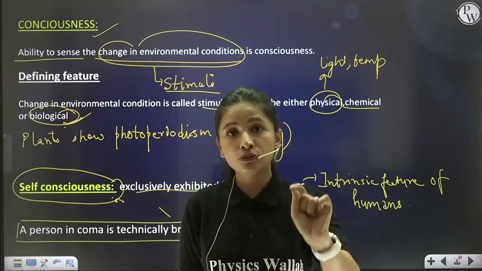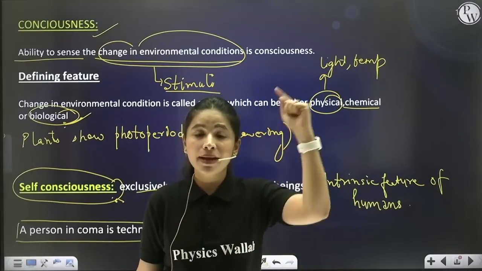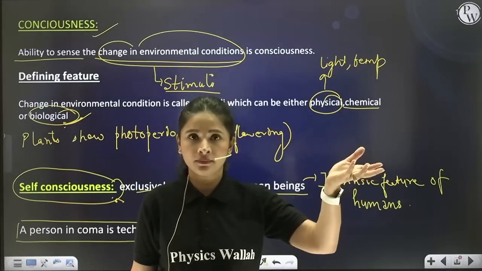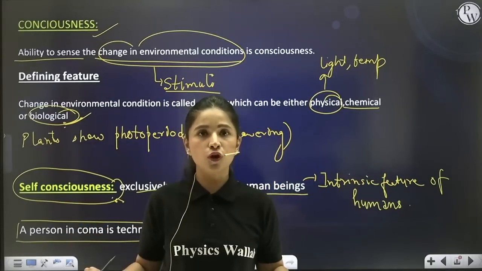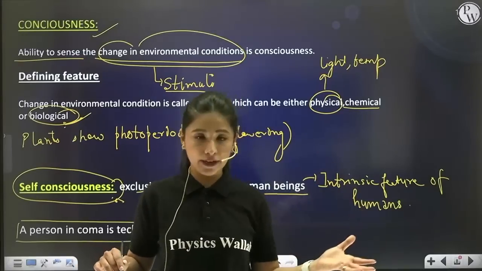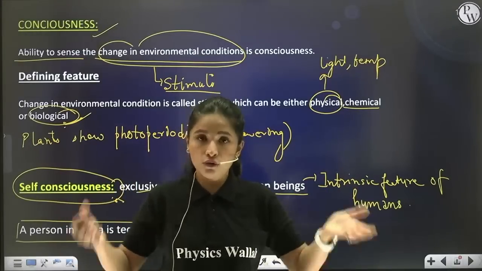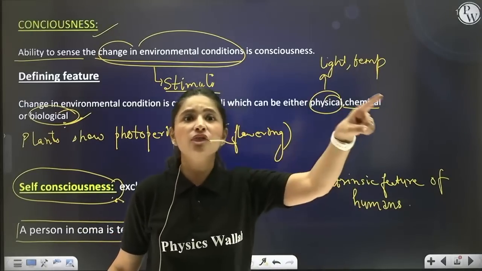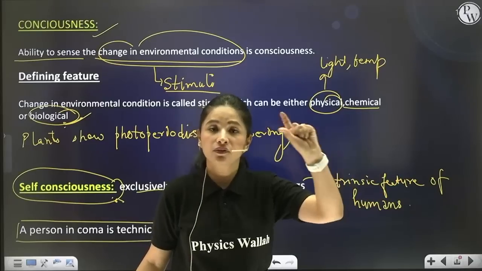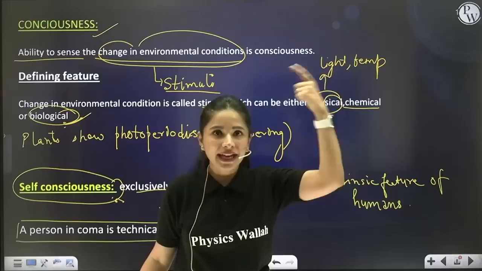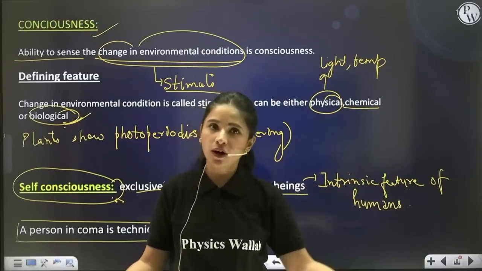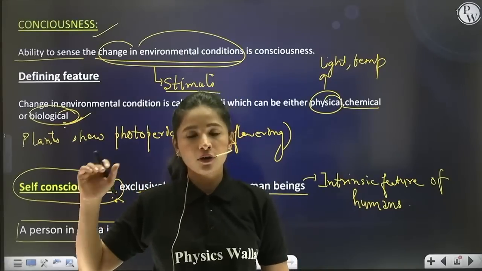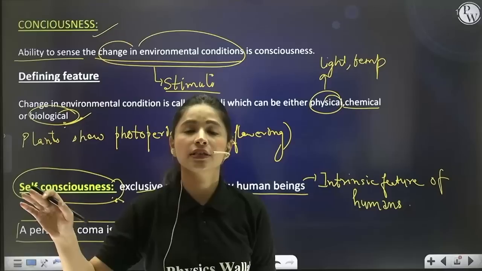Because a person who is in coma is under some medical guidance and is technically considered brain dead. Ethically, a person who is in coma is not dead. But technically, if I talk about whose brain is not functioning, whose brain is not coordinating with the other organs of the body, technically that person will be considered dead. Which dead? Brain dead. And if a brain is not functioning, surely you cannot come under consciousness. So due to a person who is in coma, consciousness does not become a characteristic feature.